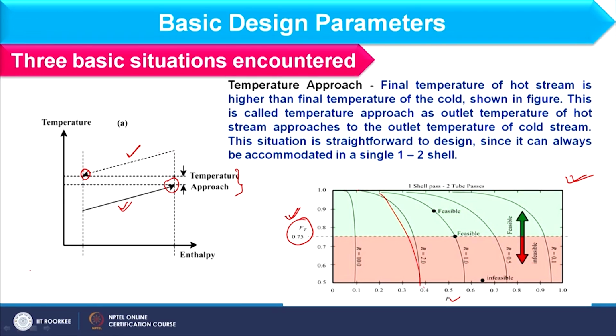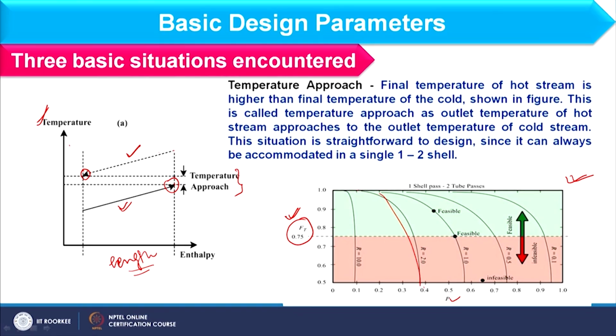Fine. Now, what will happen in a 1-2 shell and tube heat exchanger? Let us say instead of enthalpy, I am considering length here, and here I am having temperature also. So, if a 1-2 shell and tube heat exchanger is there, what I can say is that the terminal temperature should not change, because whatever temperatures are available for hot fluid and cold fluid, that I cannot play with.